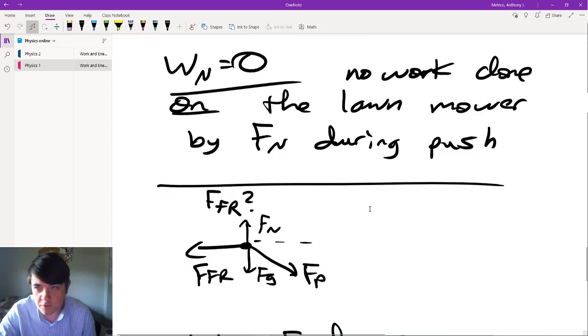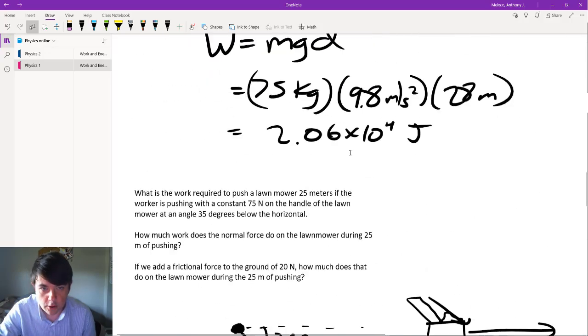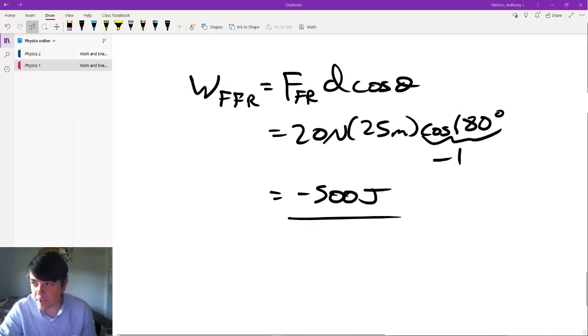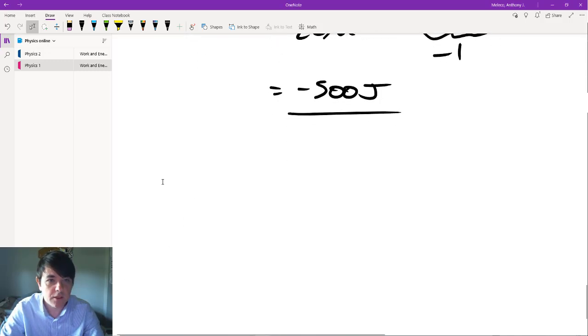Okay, so there's just a couple examples of how to do work calculations. So pay attention to direction. Pay attention to if it's on or against, because that will tell you the direction of the force acting. And then you'll know, is the work going to be positive or negative on the object? Okay. So let's do the next one.